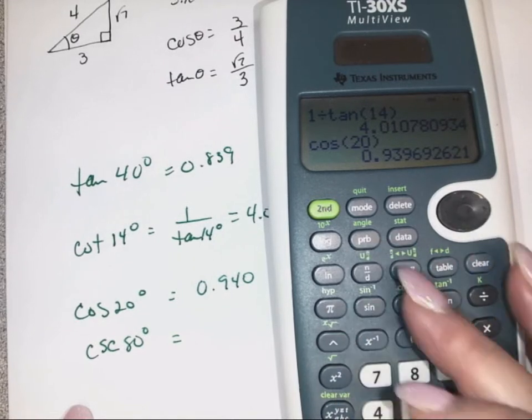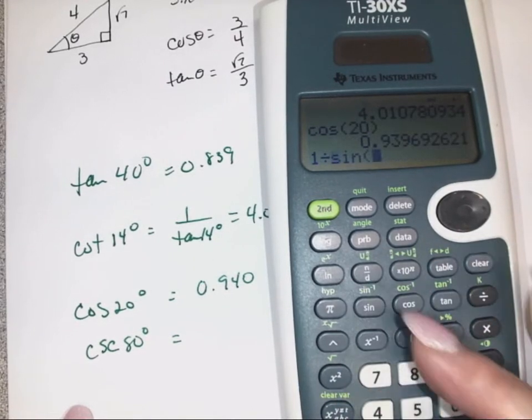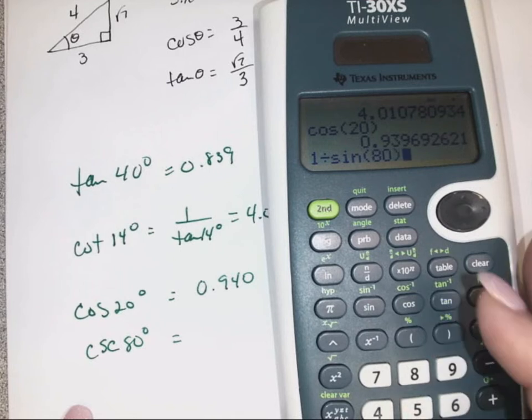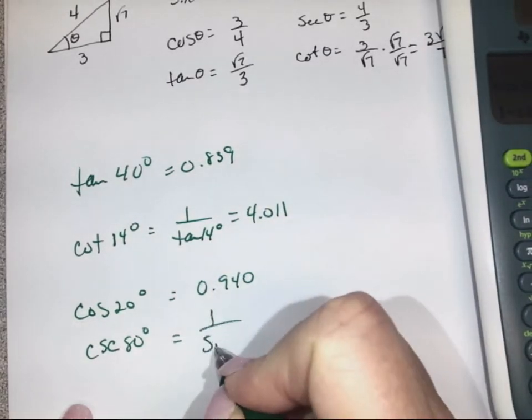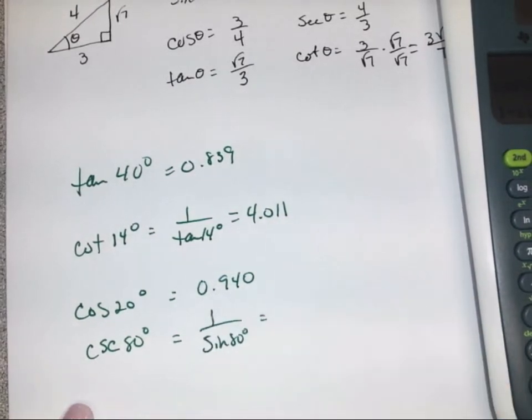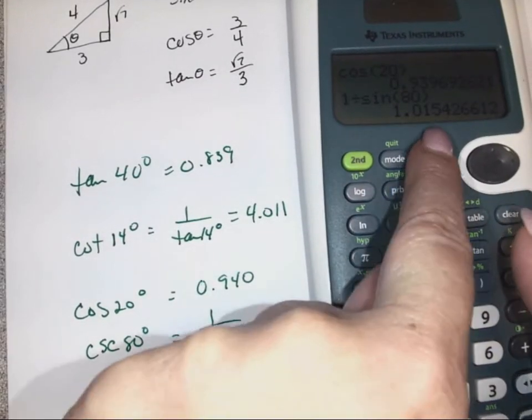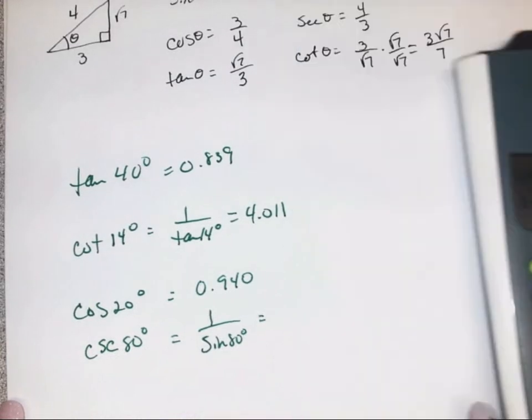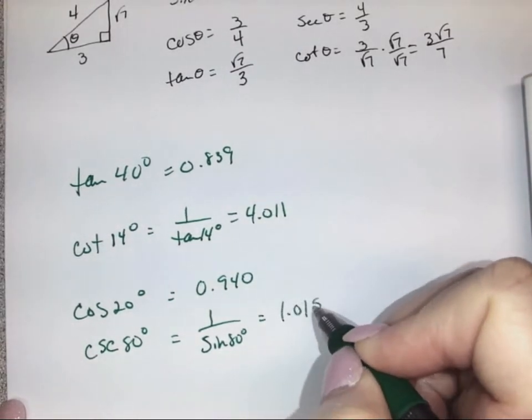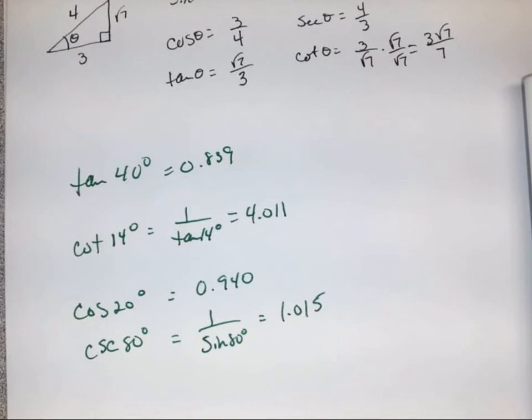So we can do 1 divided by the sine of 80 degrees, and we'll hit our enter button. We get 1.015. So that's where you need to be able to see those reciprocal identities in order to figure some stuff out.